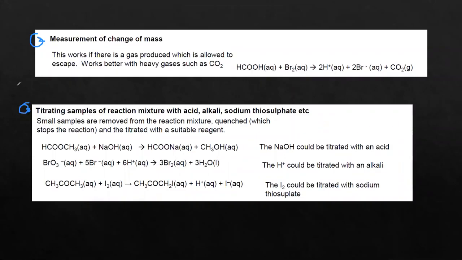Because practically we are doing a titration of acid and base, and there is also a redox titration of iodine and thiosulfate. So if any reaction mixture contains acid, alkali, sodium thiosulfate or iodine, we use this technique to find the rate or speed of reaction.